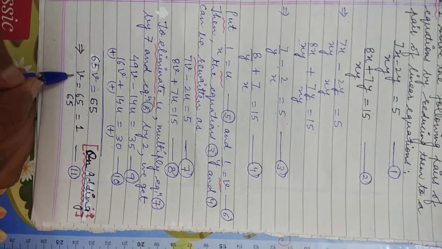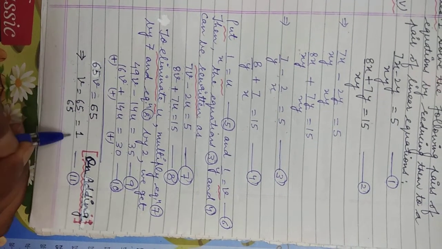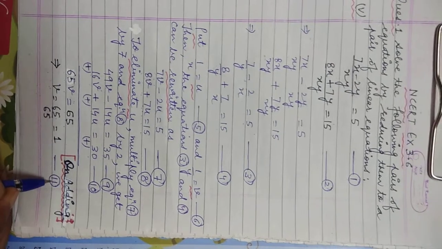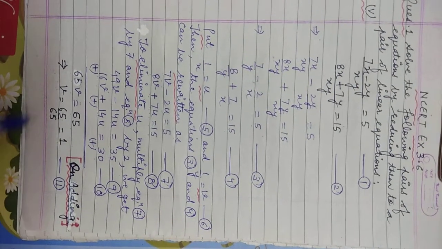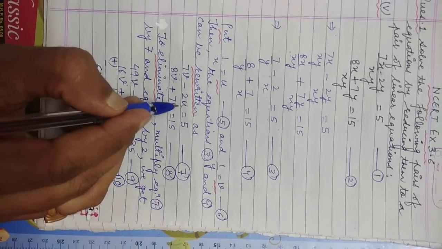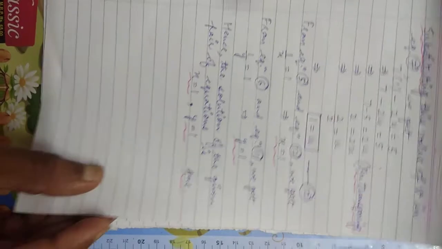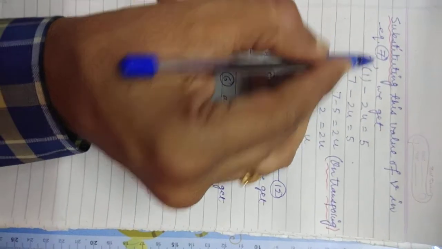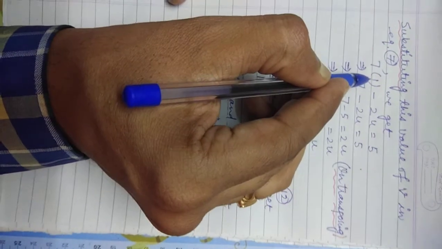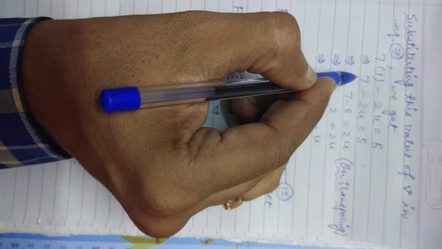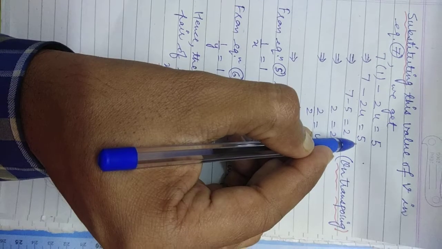So it implies that v is equal to 65 upon 65, that is 1, and let it be equation number 11. Now substituting this value of v in equation number 7, we get 7 multiplied by 1 minus 2u is equal to 5, or 7 minus 2u is equal to 5.